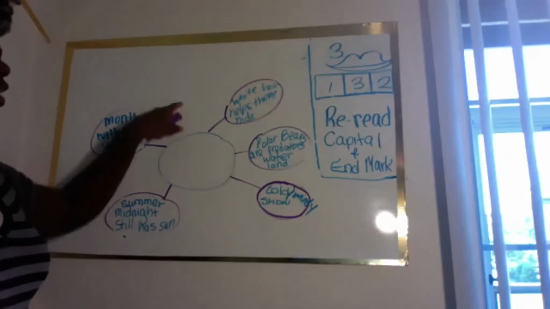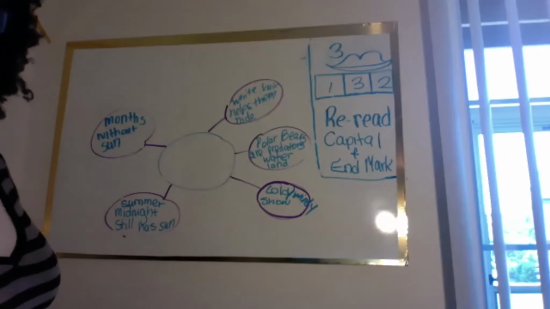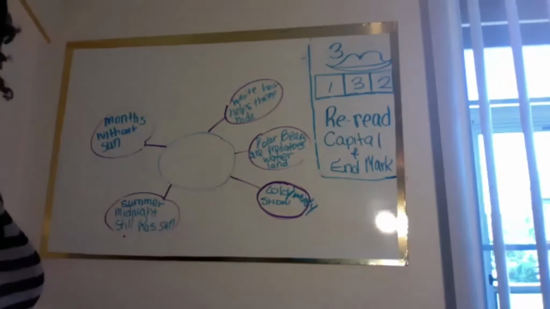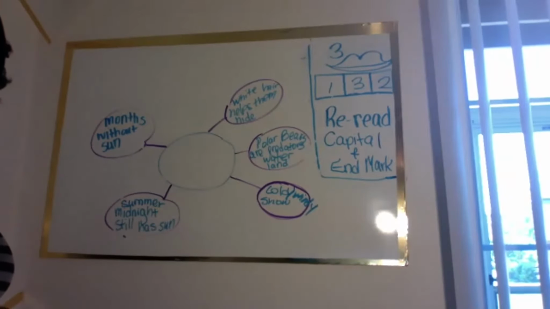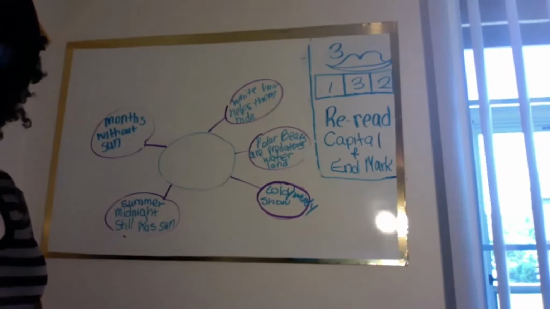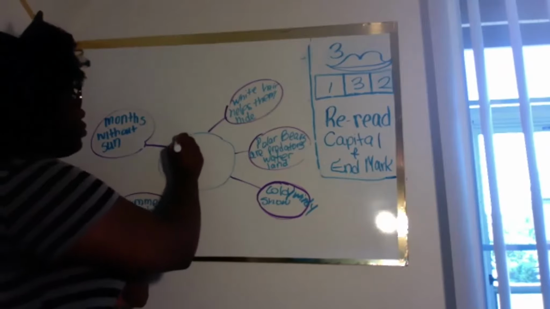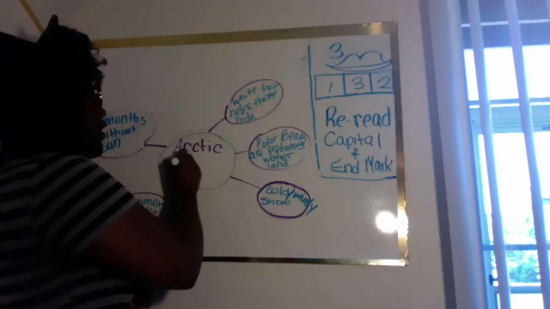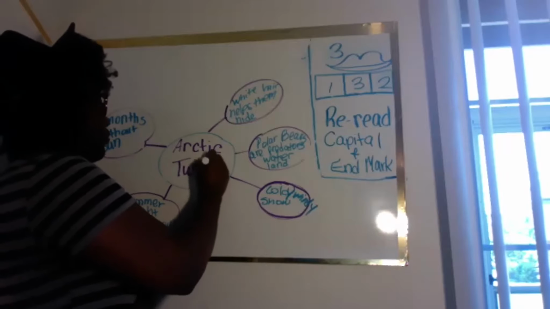No, that's a detail. I don't want a detail. I want you to think about the main topic. What are we talking about today? The Arctic ecosystem. Yeah, we're talking about the ecosystem, and in particular, the Arctic Tundra's ecosystem.